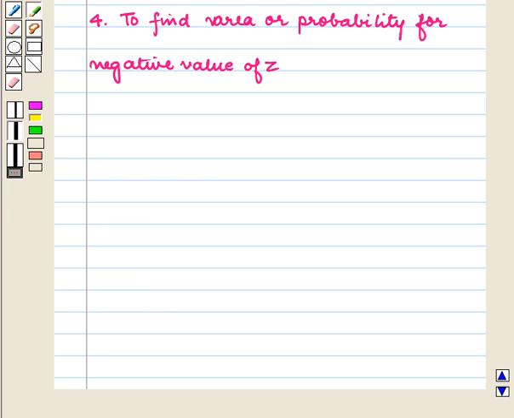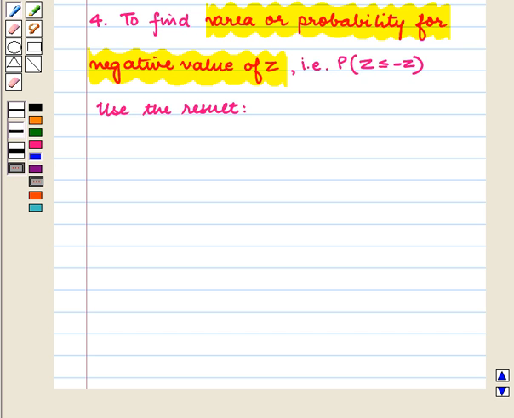If the table does not give values for negative value of z, we need to find the area or probability for negative value of z. That is, probability of random variable z less than equal to minus z, we use the result: probability of z less than equal to minus z is equal to 1 minus probability of z less than equal to z.